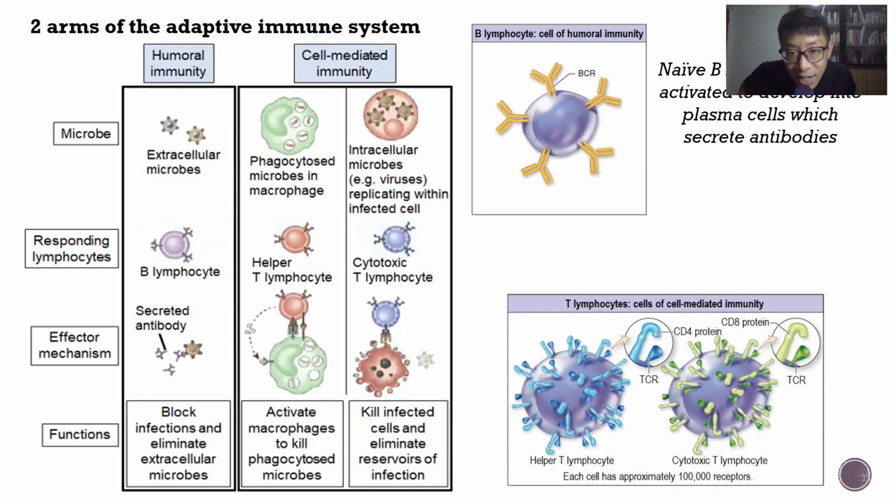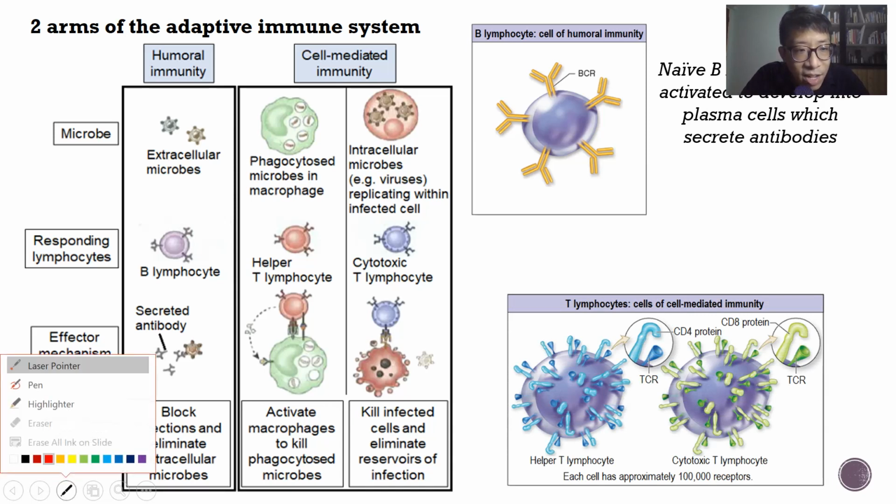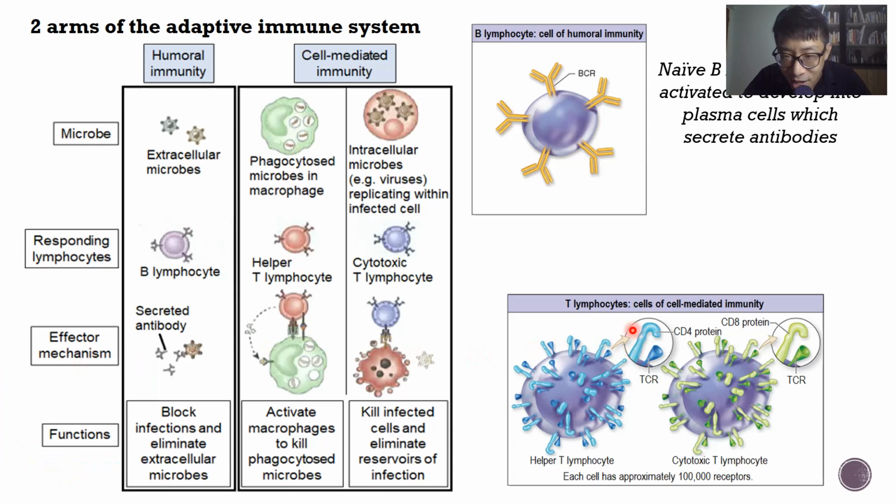All right. Then we have the two types of T cells here: the helper T cells and the cytotoxic T cells. Note that they have different cell surface proteins, but we'll focus on it a bit more when we look at the cells of the adaptive immune system.